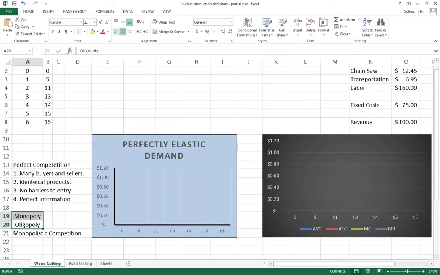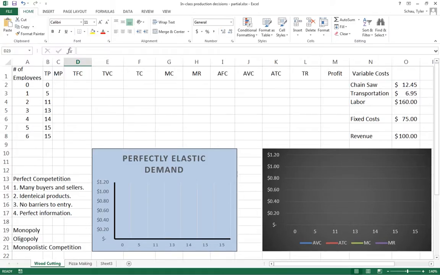Monopolistic competition is kind of like your standard industries that most of us purchase things from. Restaurants. The idea of monopolistic competition is you can make your product just a little bit different than everyone else's, which means you have a little bit of control over price.